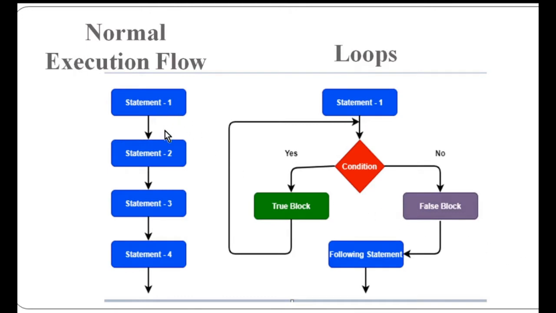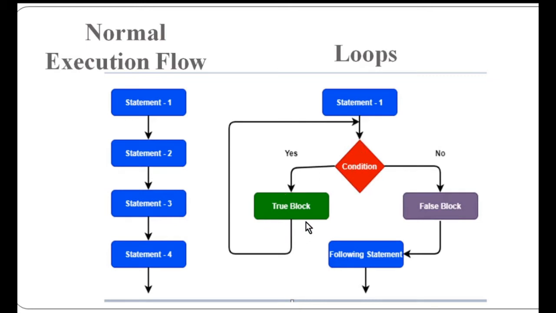Generally, this is the normal execution flow. It's a sequential one. All the statements are executed one after another. But sometimes we want to execute certain statements, maybe one or more, repeatedly based on some condition. So we have to go for a loop. Here you can see that the condition will be evaluated first, and if it is true, the true block will be executed, and then again the condition will be checked.